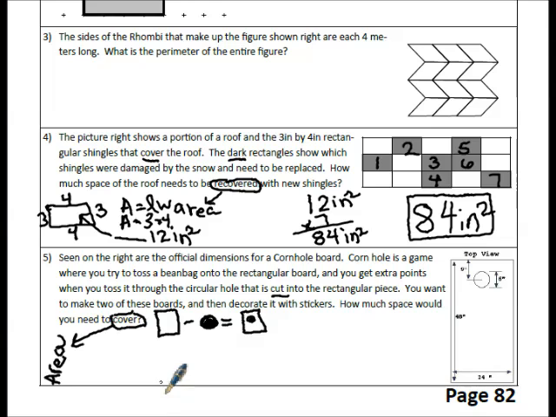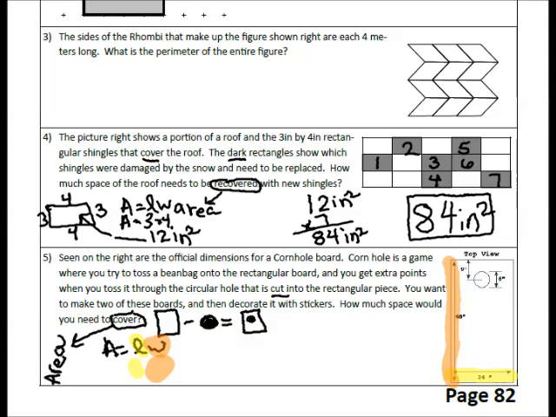The first shape is a rectangle, and I'm going to write the area formula for a rectangle, which is A equals length times width. So that rectangle has area equal to length times width. The length is going to be 24, and the width is going to end up being 48.